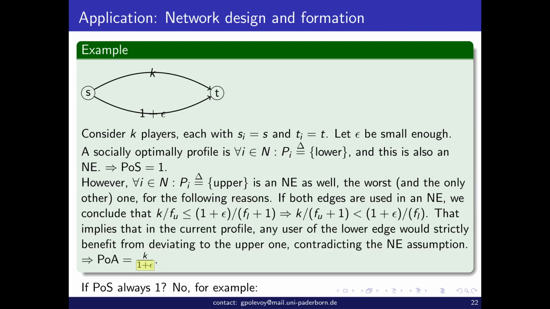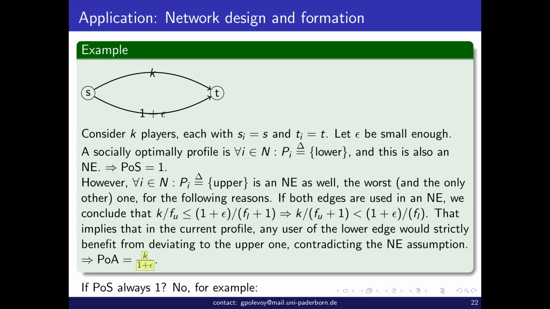So we have seen here an example where the price of stability is 1, whereas the price of anarchy is k divided by 1 plus epsilon, which for small enough epsilon is very close to k. So there is a huge gap, approximately the number of players, between the price of anarchy and stability.